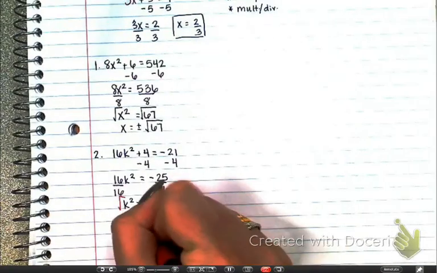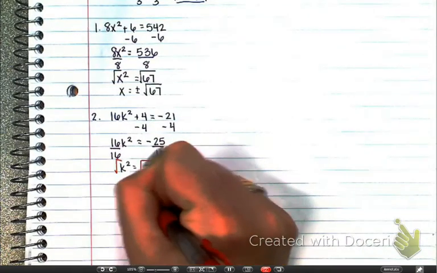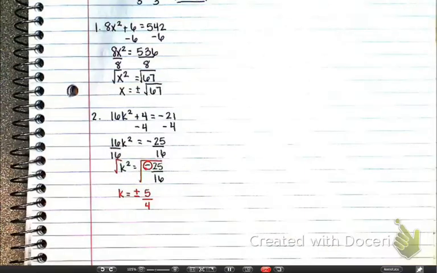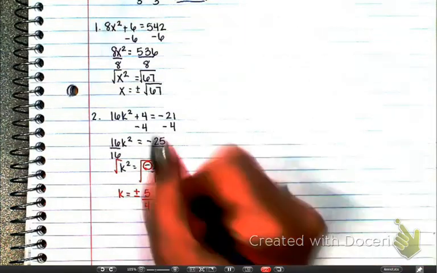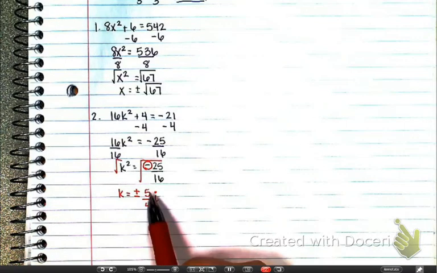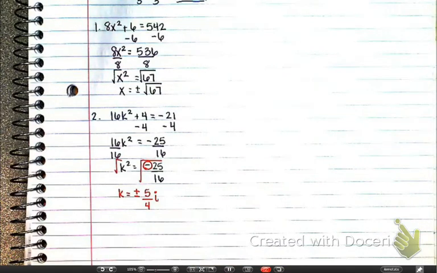Again, we have a plus and minus. We can't forget our plus minus. Square root of 25 is 5. Square root of 16 is 4. And hopefully you noticed that there was a negative underneath the radical, which turns into an i. So your answer is plus or minus 5/4 i. You do want to check to make sure that this fraction doesn't reduce at all, which it doesn't, so you're good to go.